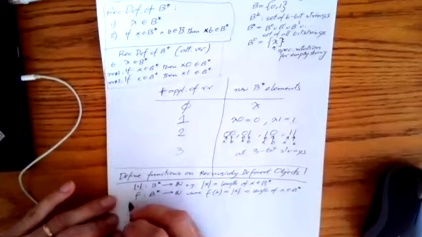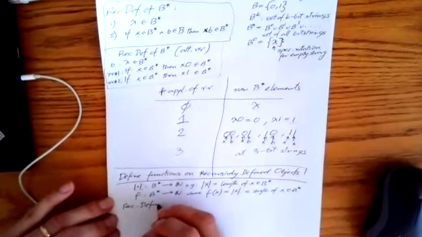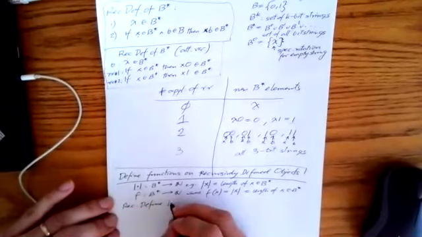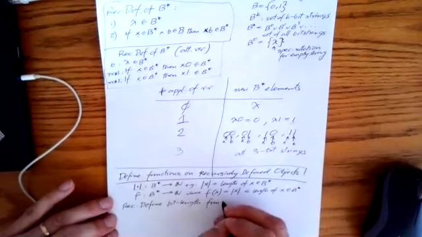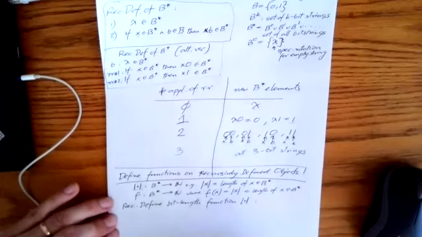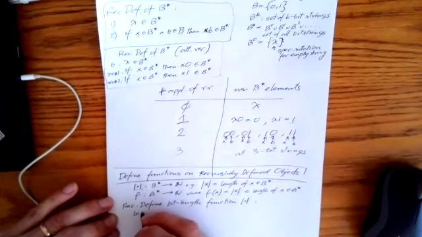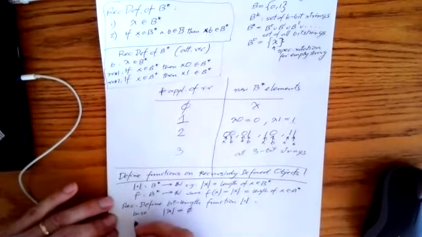Okay. How do I recursively define the bit length function, which I denote this way? A little dot is for an argument. Okay. Base: the length of an empty string I declare to be 0.